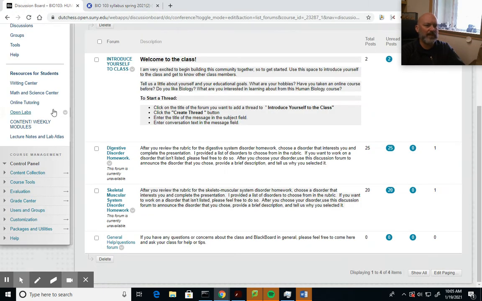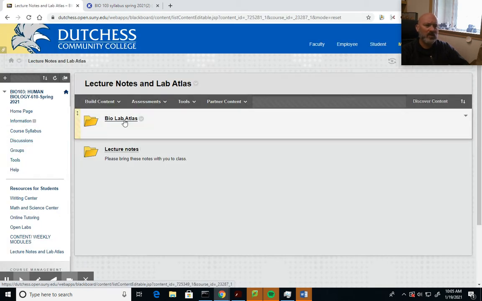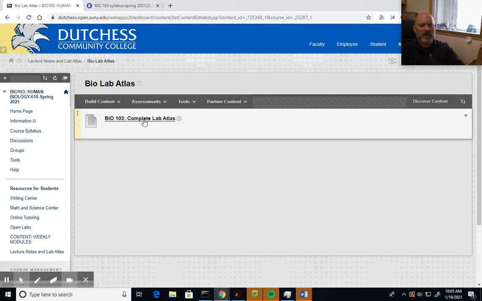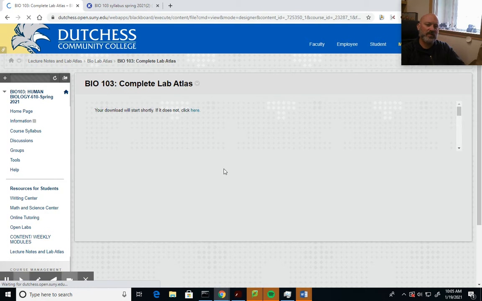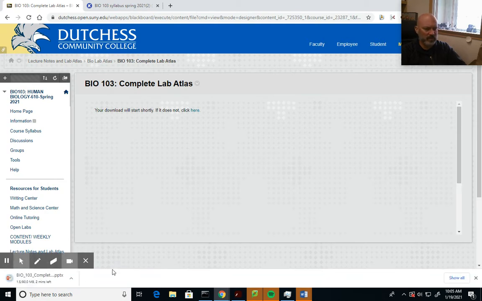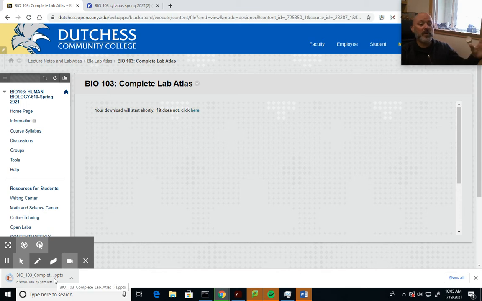If we go back to Blackboard, you can see here lecture notes and lab atlas. This is also very important. If you open this up, this is called the BioLab Atlas. This is a PowerPoint. I could try to open it up. This PowerPoint is so big, it usually takes a long time to open. But pretty much this is a great study guide.